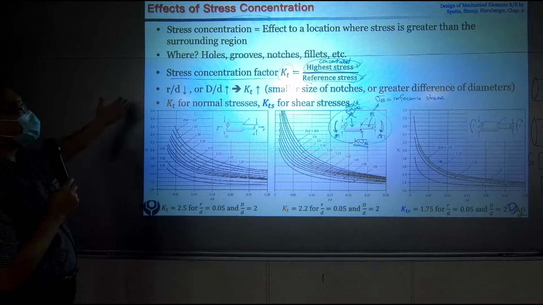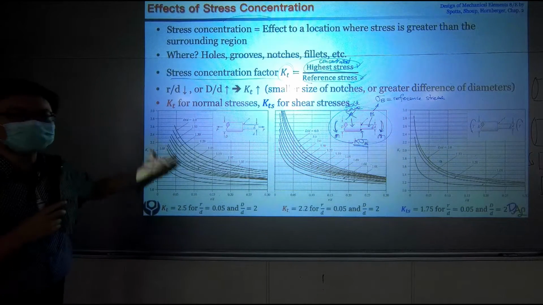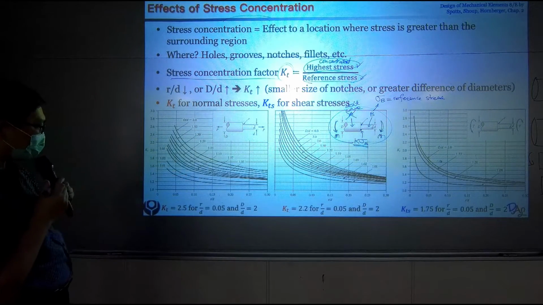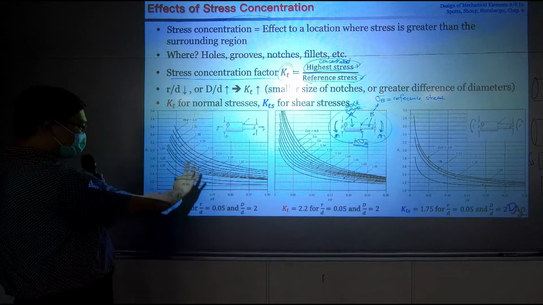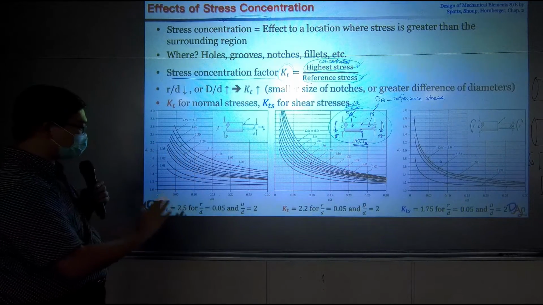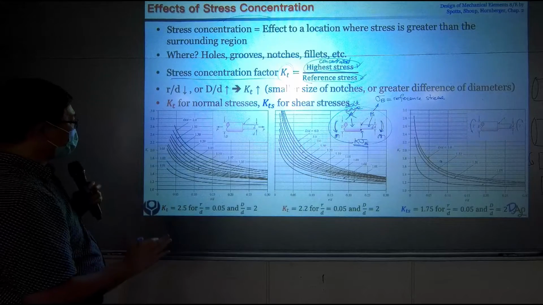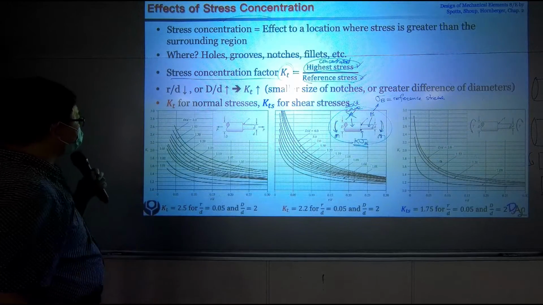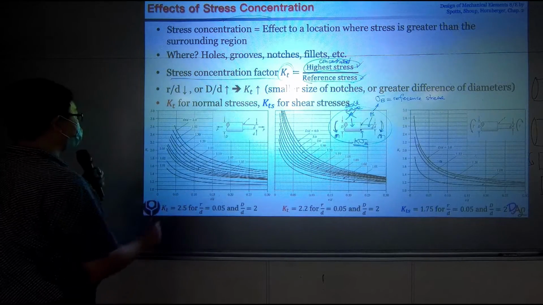So let's try to read the table. Now, the drawing is not very clear, so let me highlight some of the features, some of the symbols.